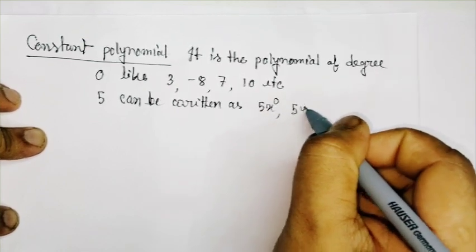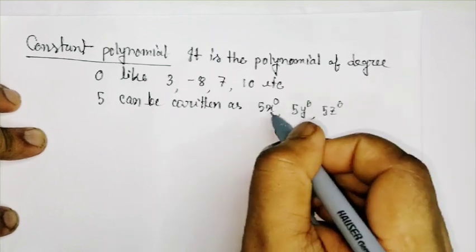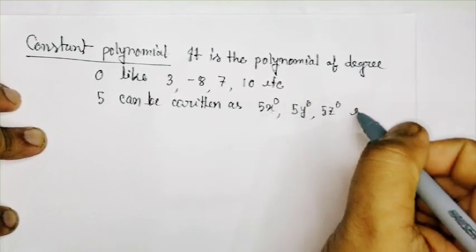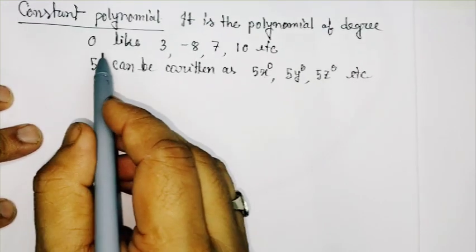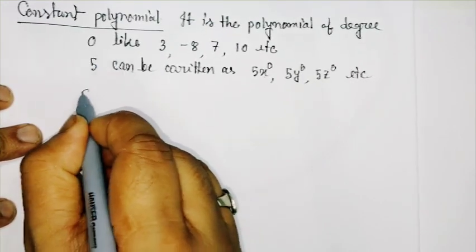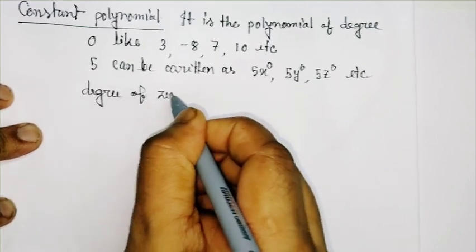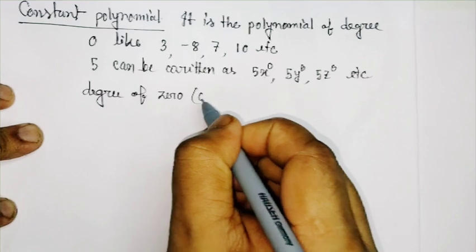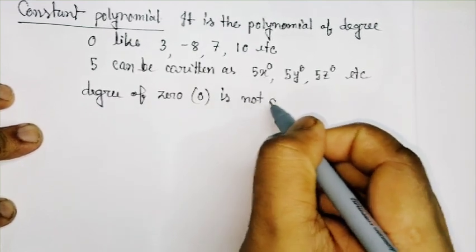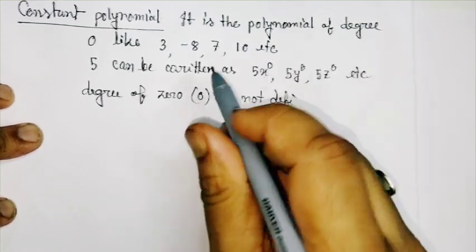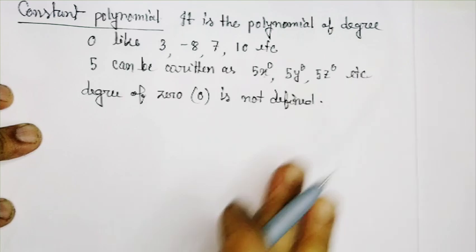So 5y to the power 0 and 5z to the power 0, where x, y and z are variables. So the degree of 0 is not defined. The degree of a constant is 0, and the degree of 0 is not defined.